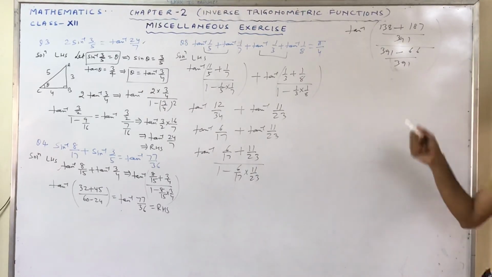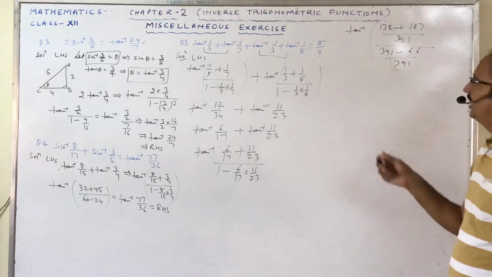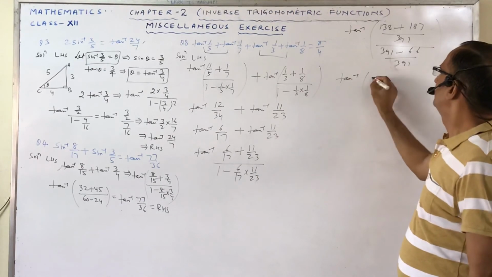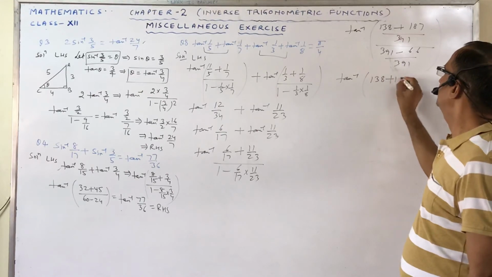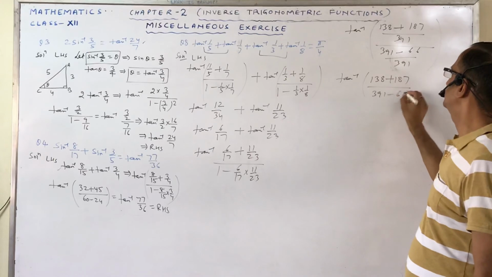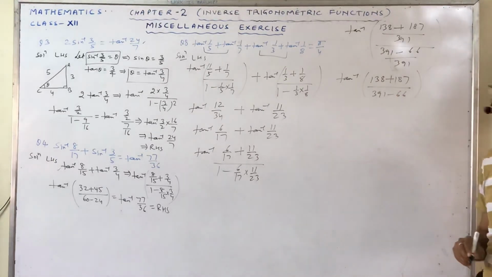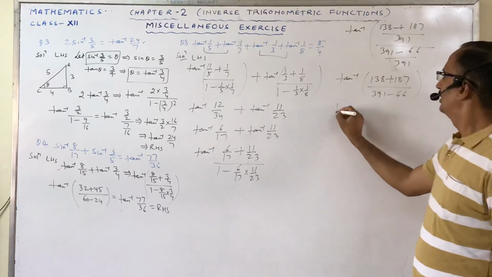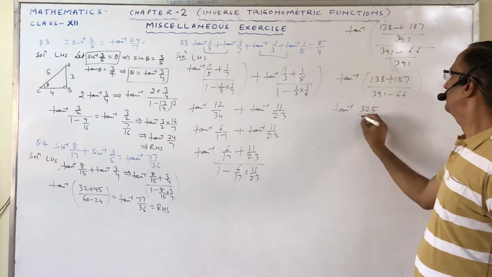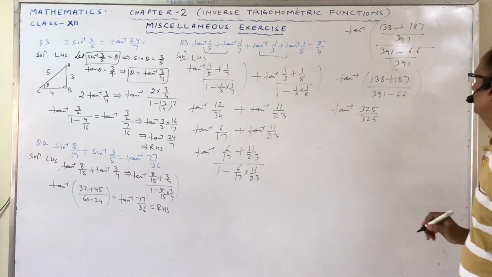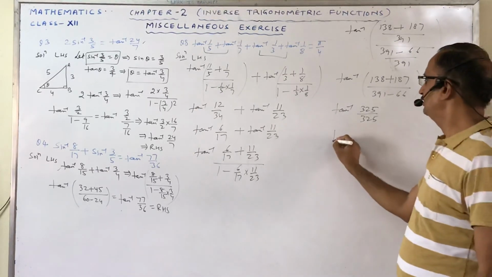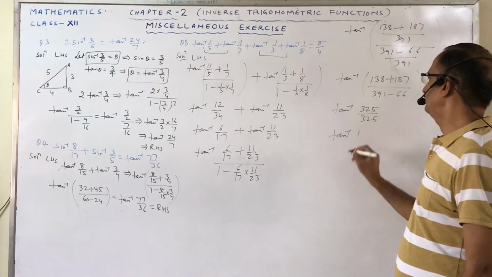Now 391 and 391 will cancel out and we will get tan inverse of 138 plus 187 in the numerator and 391 minus 66 in the denominator. Now after further simplification we will get 325 in the numerator and the same 325 in the denominator. Now these two cancel out and we will get 1.